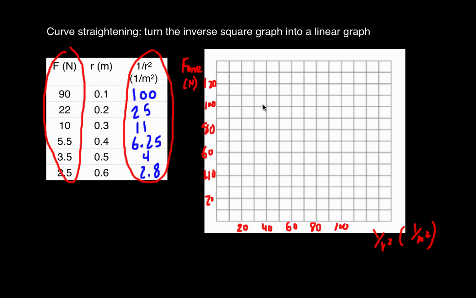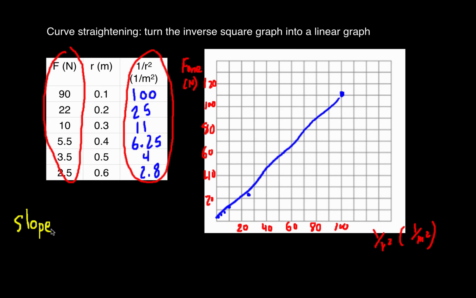Plotting our data points should give us a linear graph. Connecting the points as a best fit line gives us our linear graph, and we can calculate the slope of this linear graph using the slope formula.